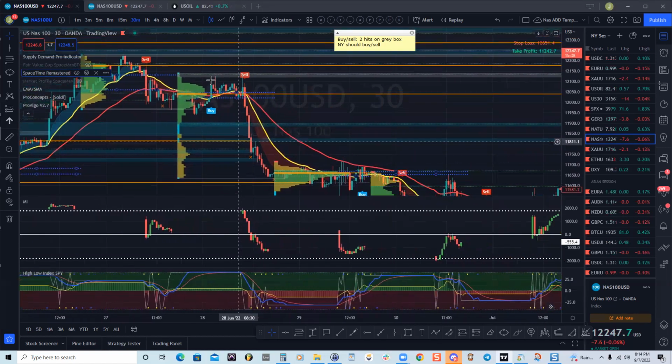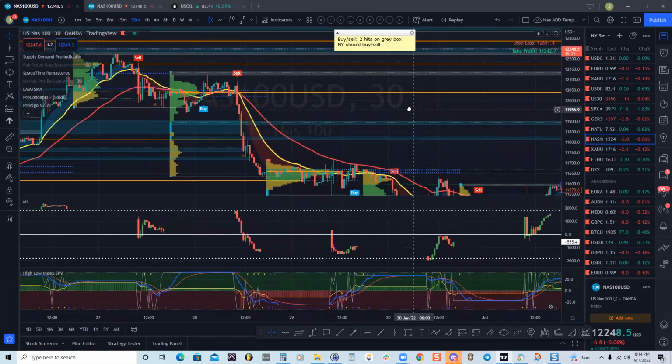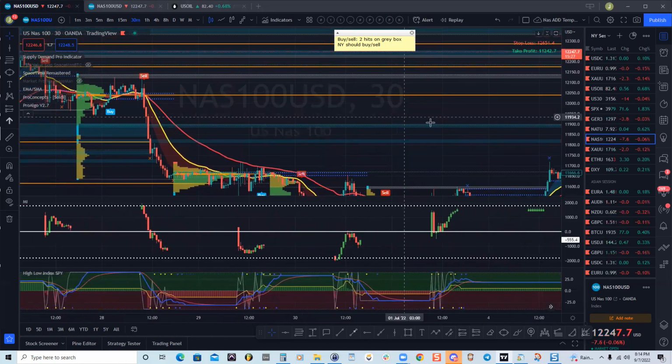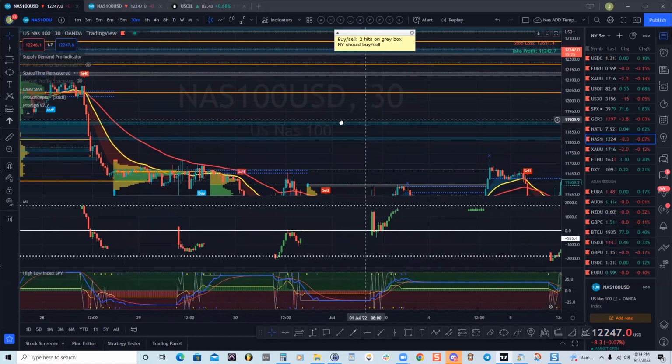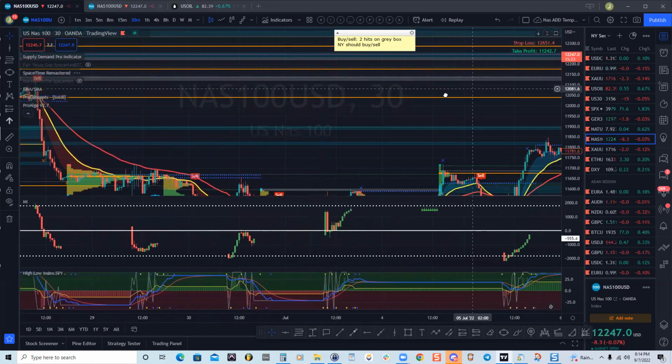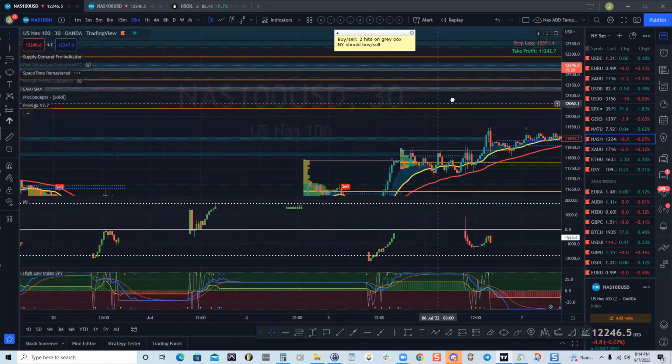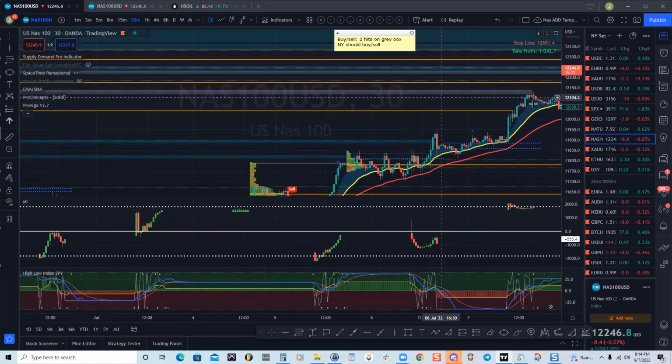So here's an example. Here's a gray box here. If it comes back here, then it should be a sell. 12,150. So it has to come back up to 12,150, which it does. So this gray box, see where it ended here?